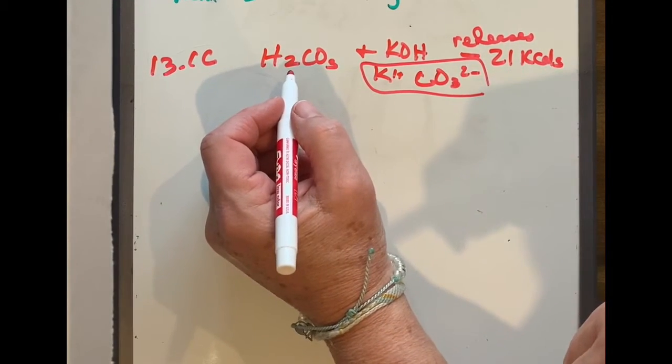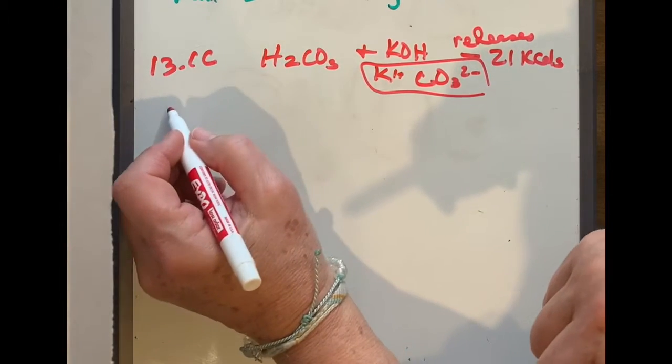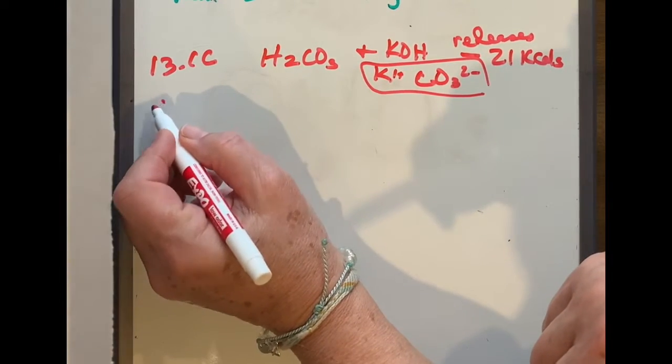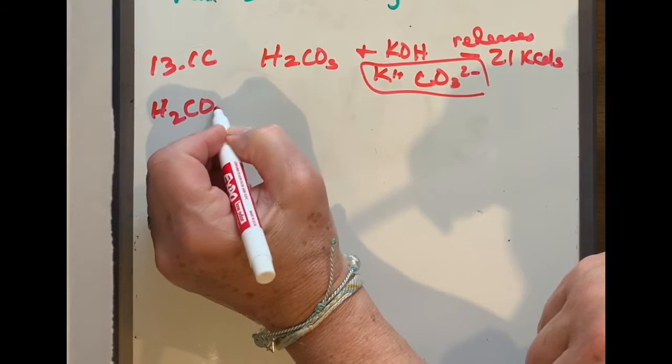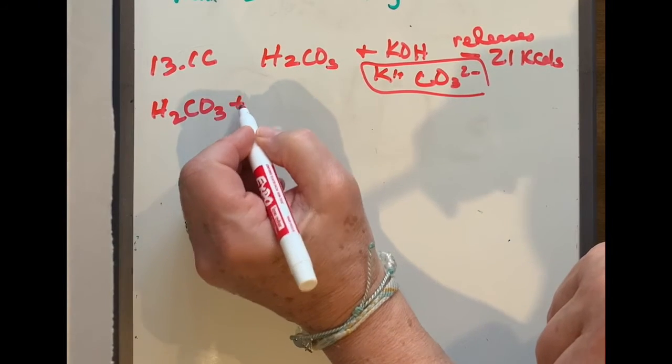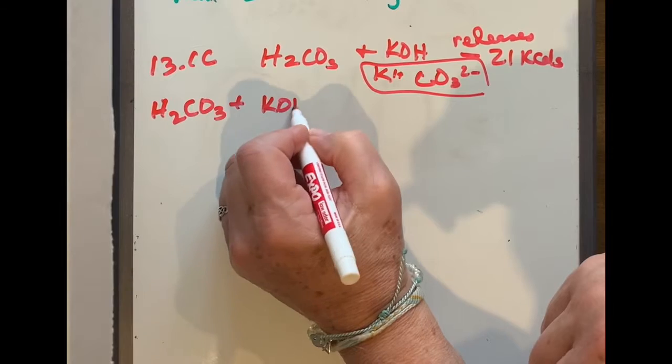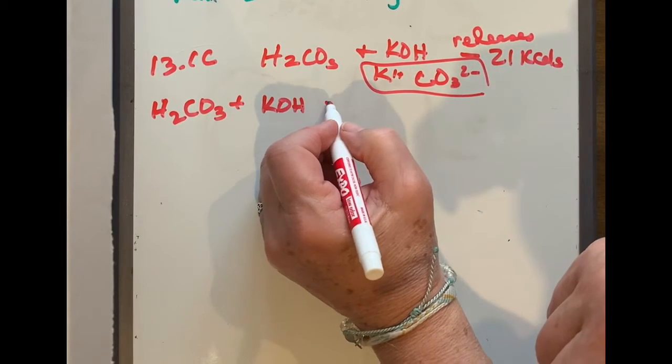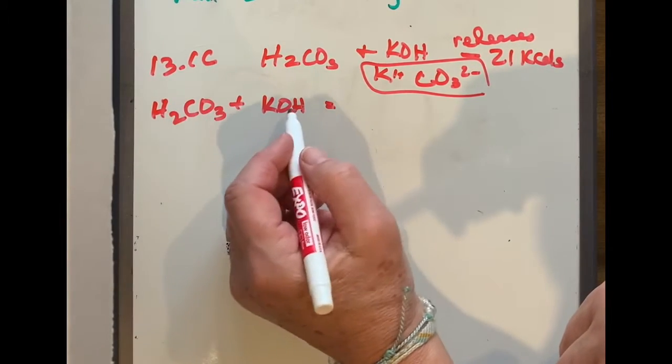We know that, so if we have H2CO3 plus KOH equals, and so I have to rearrange them, right?